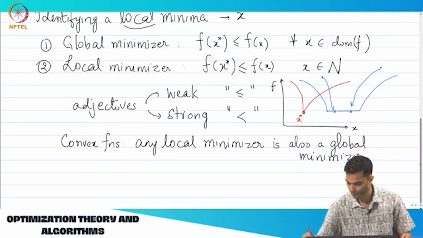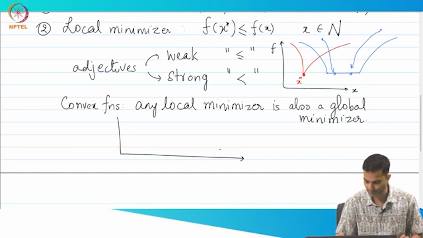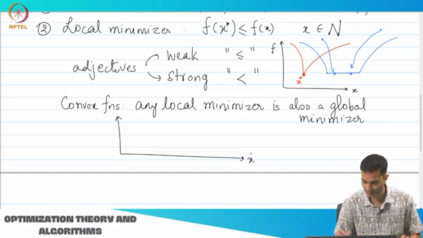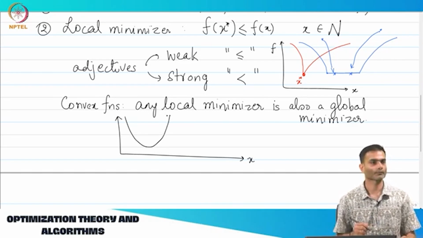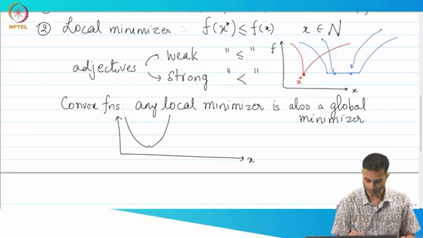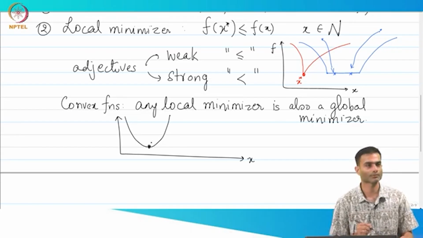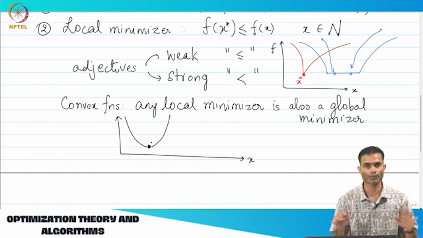If you want to see an illustration of that in one dimension, it simply means this. Supposing I have a function of x, a convex function will look something like this. We've already spoken about what a convex function looks like. So if I find this, it's a local and a global minimizer both, right? I'm done, the problem is over.